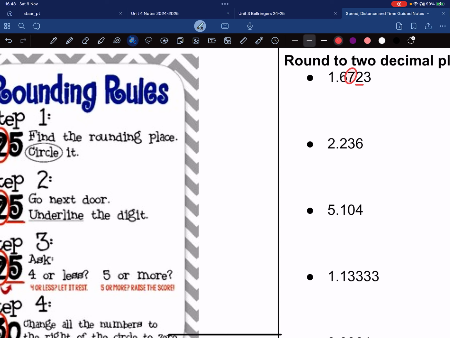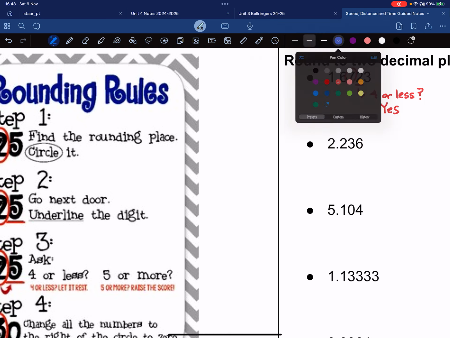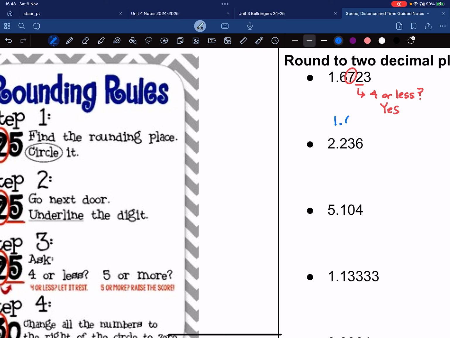Ask, is this 4 or less? And of course, the answer is yes. For yes, let it rest. So that means that this is going to be 1.67. You don't need to touch it because it's 4 or less.